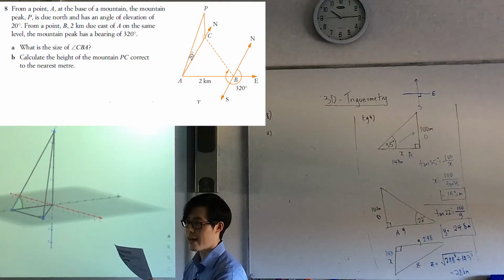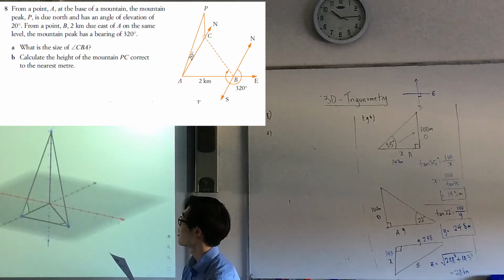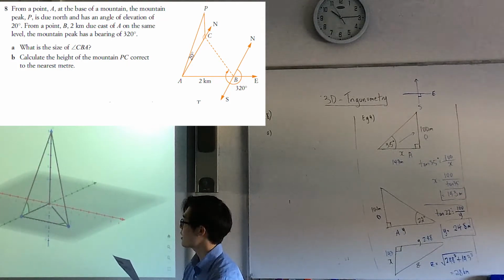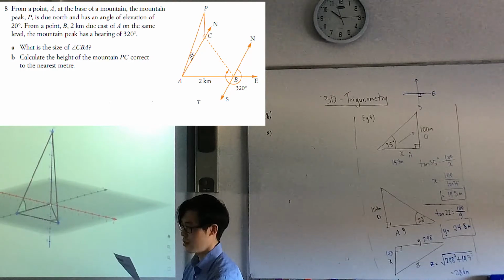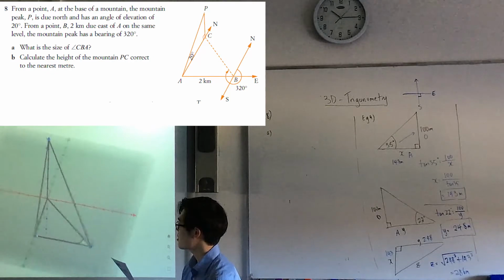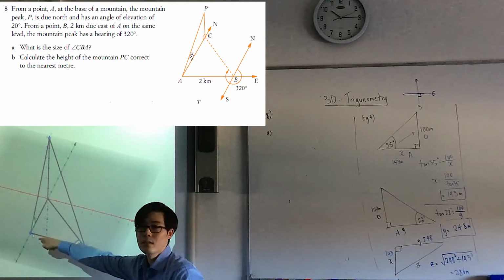From point A at the base of the mountain. So girls, here's the scenario. That peak right there, that's the mountain. Now, what they're saying is from point A at the base of the mountain, the mountain peak P is due north. Girls, this is important. This is point A right there.